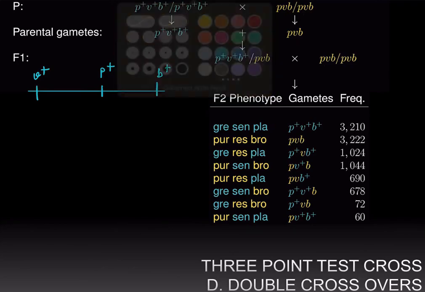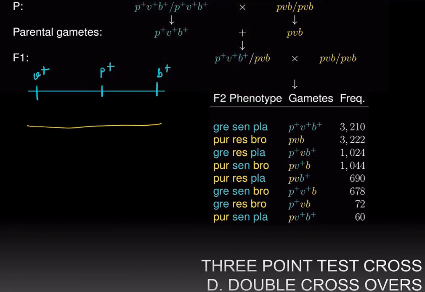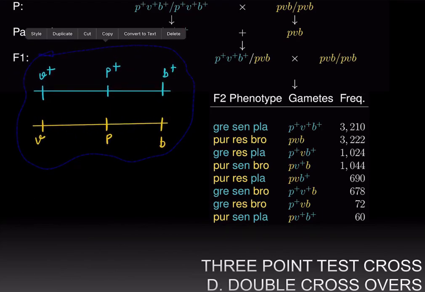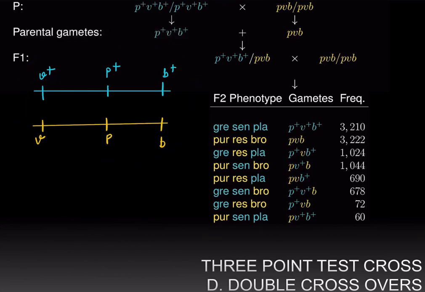And we have the other parental chromosome which has V, P, and B. Now let us say that we have a double crossover between these two non-sister chromatids.